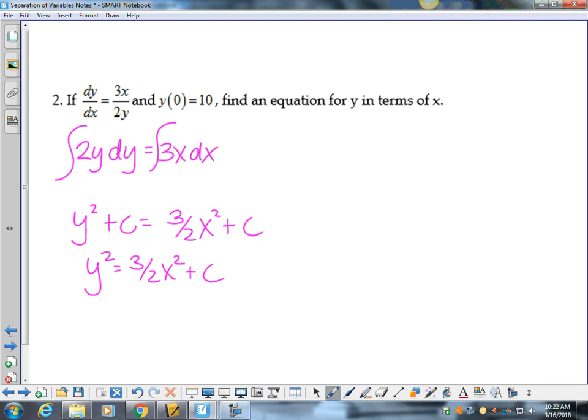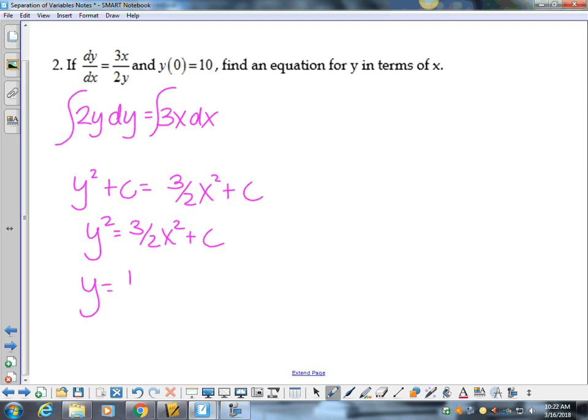Okay, do you want to go ahead and plug stuff in here to get your C, or do y'all want to solve it out? It's your call. Solve it out. Okay, so I'm going to root both sides. Okay, so now I'm going to plug who in for what? 0 in for x, 10 in for y.